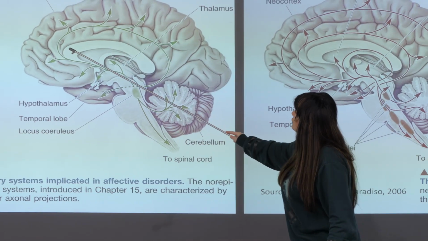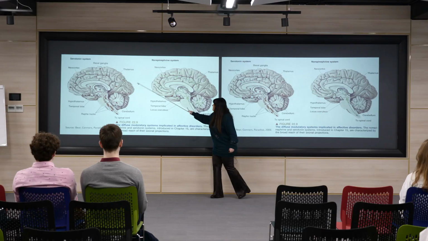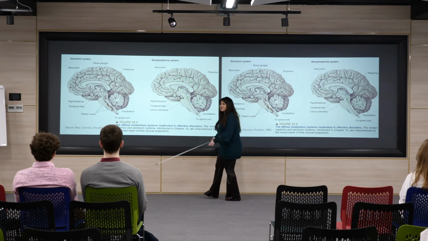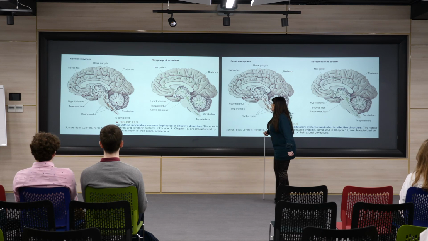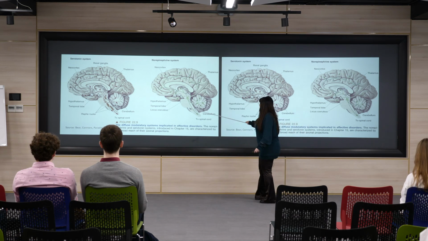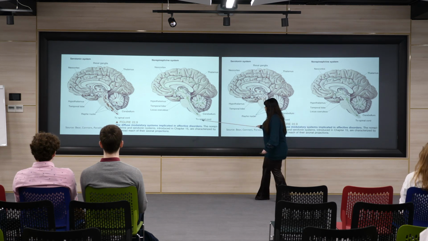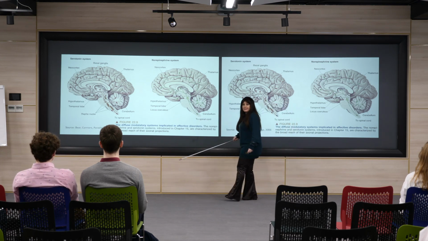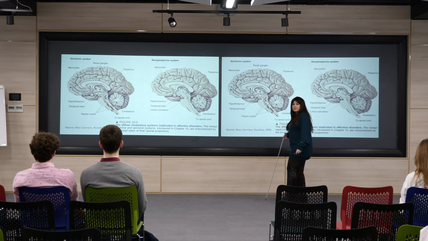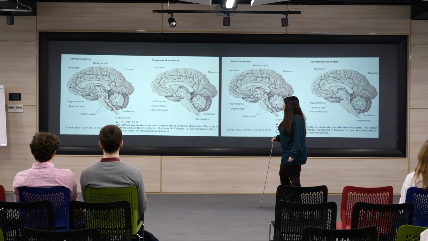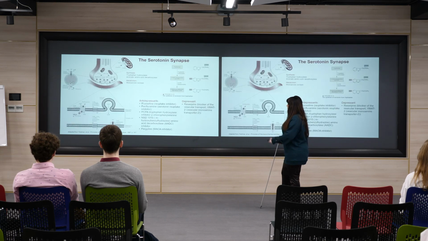From there, it goes to the neocortex, but you see the differences here. Here we see more serotonergic innervation compared to the norepinephrine system. And then to the cerebellum, and then it goes through the spinal cord to the peripheral nervous system, in both cases. Okay, so these are two examples of monoamine neurotransmitters and their innervation of different brain regions.